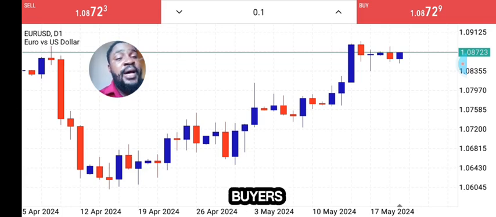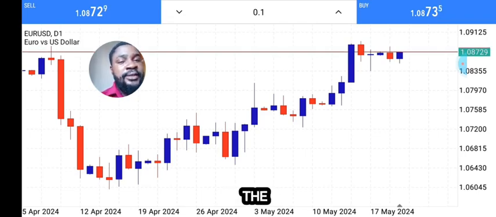So a lot of buyers have taken profit at this zone, and you have more sellers present in this market. So what do you think will likely happen? What I think will likely happen is that the buyers will try to beat the former high, but they will not be able to.